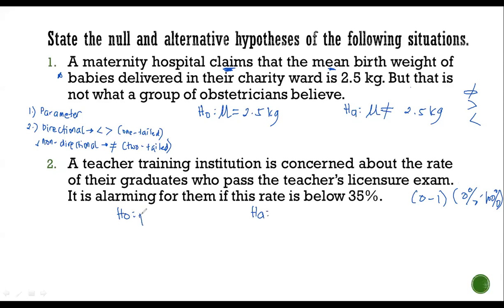So, p, population proportion. Ang null hypothesis, always equal sign yan. Equal sign, 35%. Pwede din na decimal value, 0.35. Pwede din.